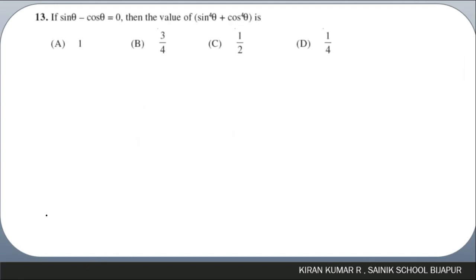Question number 13. Sin theta minus cos theta equal to 0. We need to find the value of sin raised to the power 4 theta plus cos raised to the power 4 theta. Given that sin theta minus cos theta equal to 0, we get sin theta equal to cos theta.